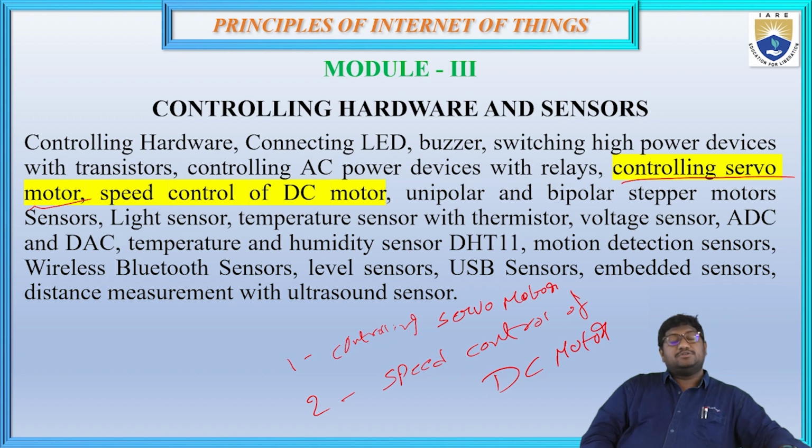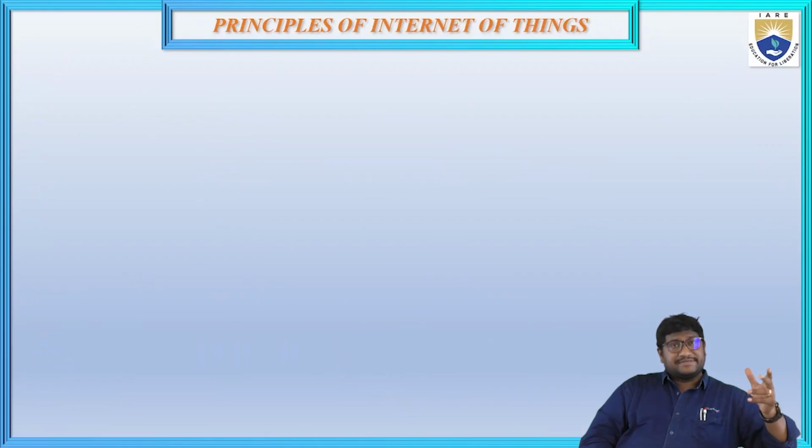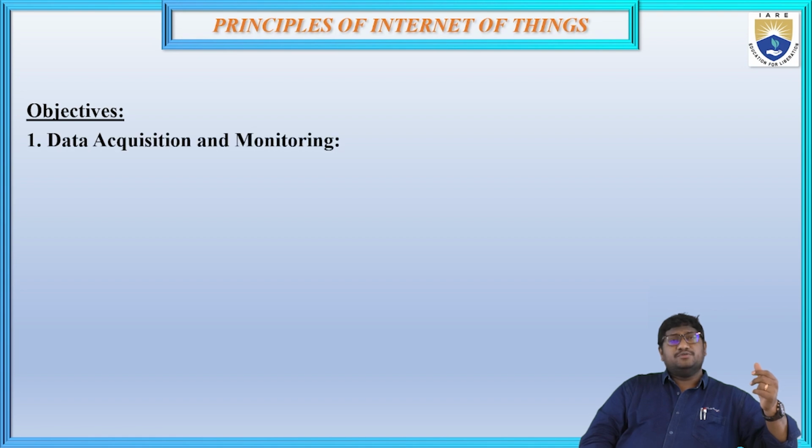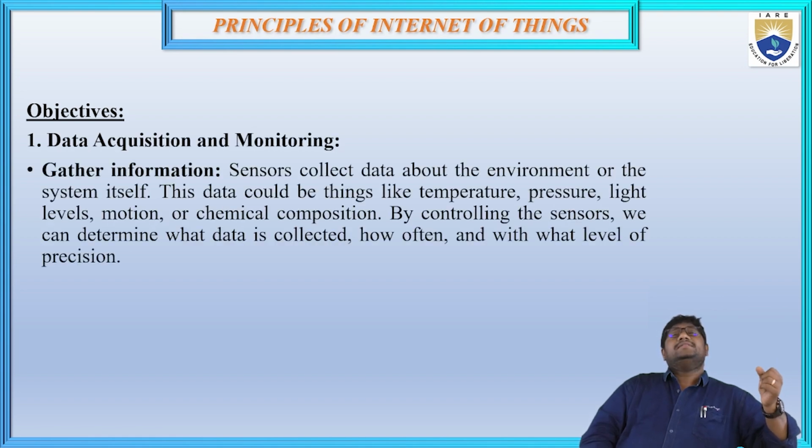Before getting into these topics, I just want to give you a narration of what we are going to get from this module. The main objective of this module is data acquisition and monitoring. Why is data acquisition required? Why is data monitoring required? There are numerous hardware devices and sensors placed in an IoT system.